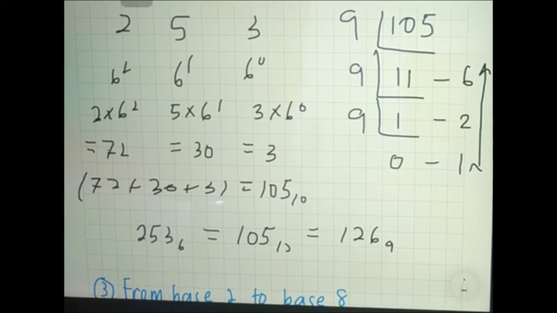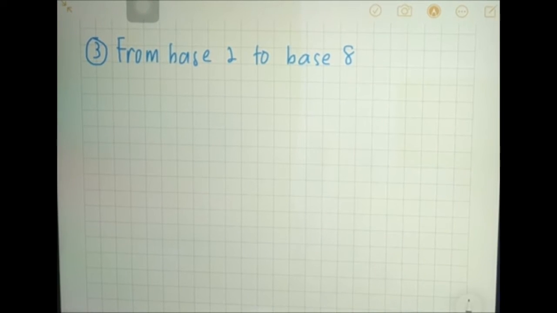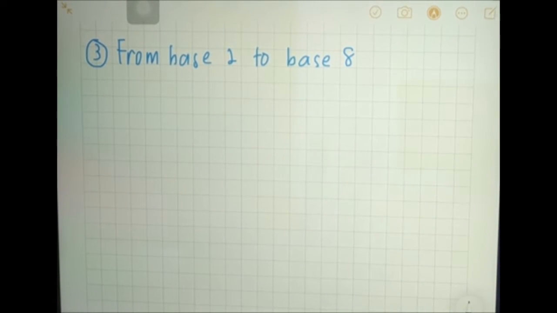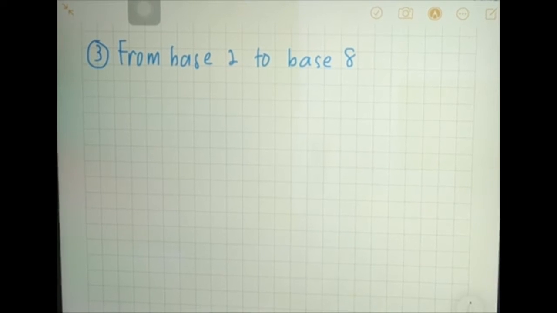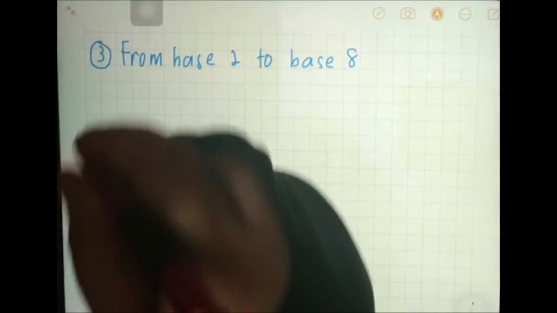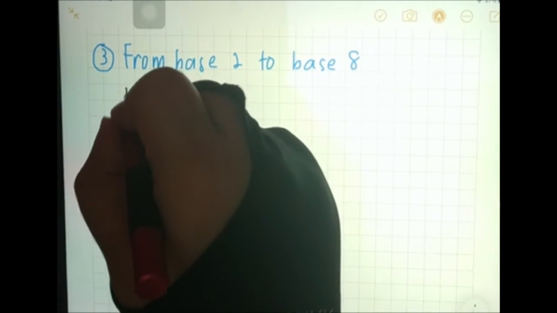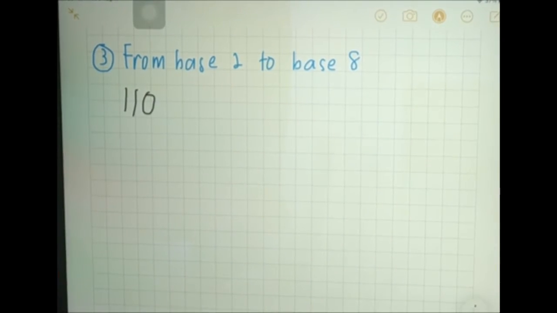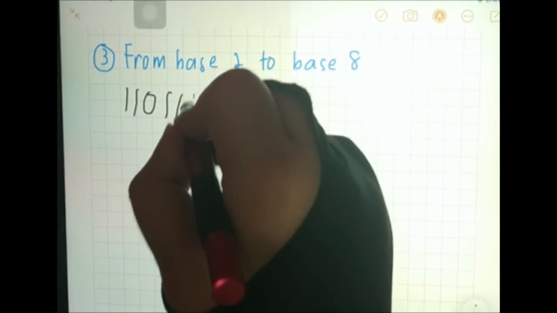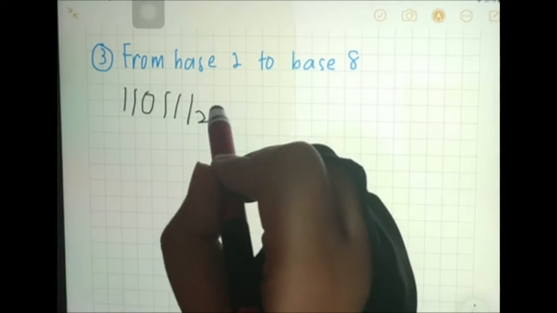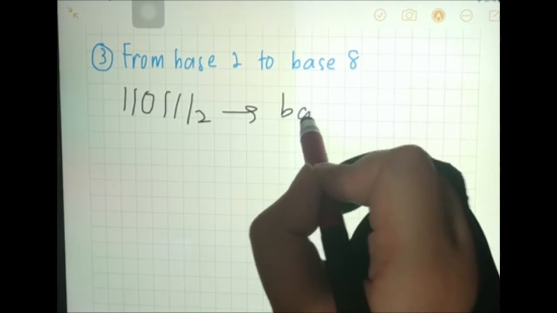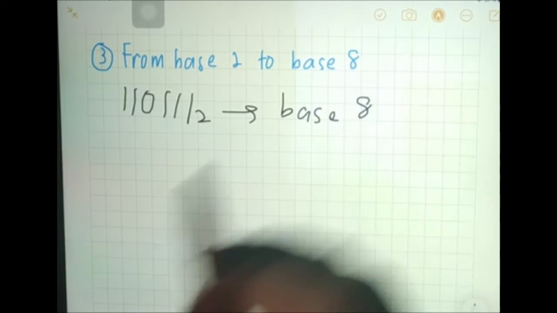Right, okay. Alright, the third method is from base 2 directly to base 8. So let's use this value: 110111 base 2. I want to convert it to base 8.